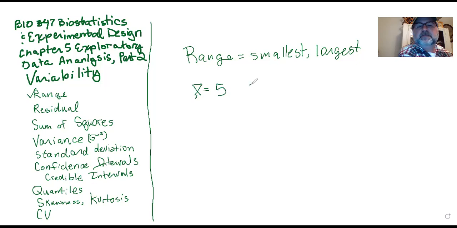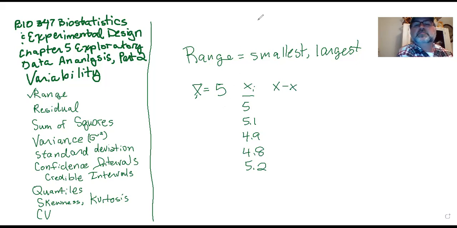And if we have a series of numbers, we'll say 5, 5.1, 4.9, 4.8, 5.2, right? Then the residual is going to be the difference between these, okay?